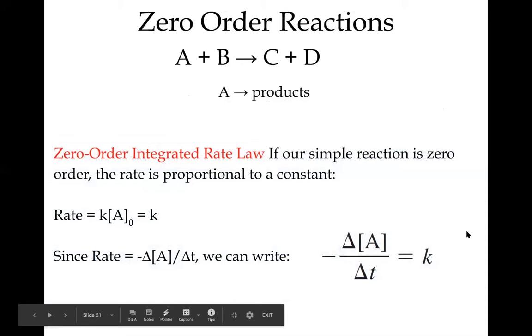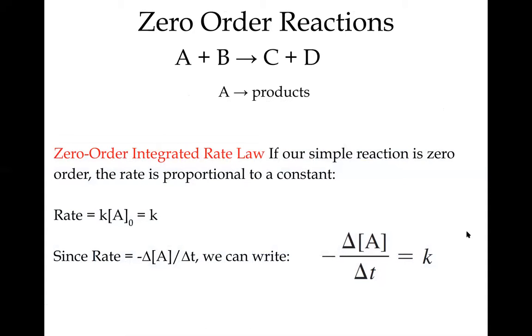And that brings us to our last, but not, well, I guess last and least, zero order reactions, okay? So in this case, the rate is proportional to the constant, right? Because the concentration essentially has no effect on the rate.